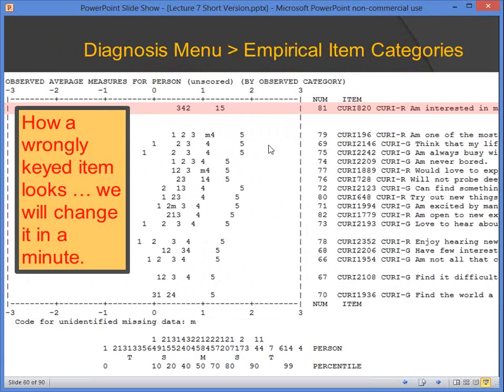Okay, so you pop up this table, the empirical item categories table, and we just want to see how an item that's keyed in the wrong direction looks in this empirical item categories table.